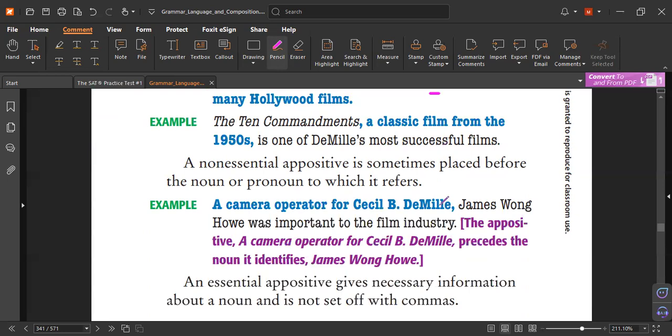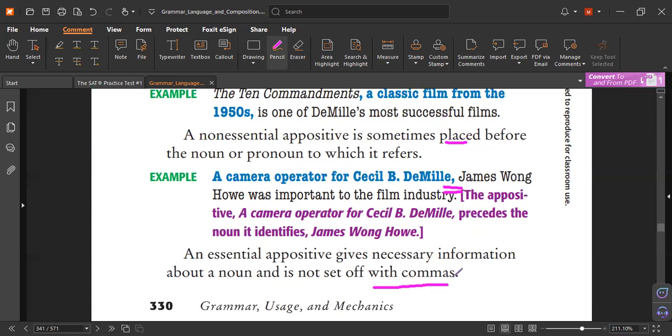How about if the non-essential appositive is sometimes placed before the noun at the beginning? It is the same rule. If we use a phrase at the beginning of the sentence, we already need a comma and then the sentence. Now this is called the structure in English. If we use a phrase at the beginning, remember any phrase or any phrases, not only one phrase, we can use it, no problem.